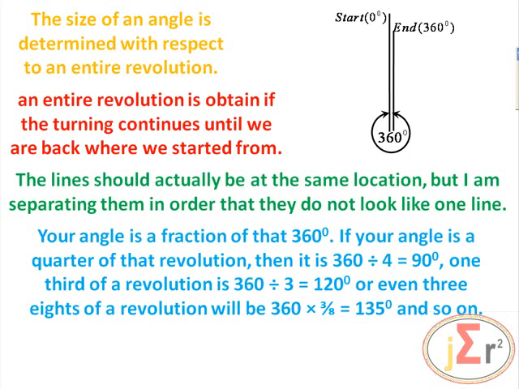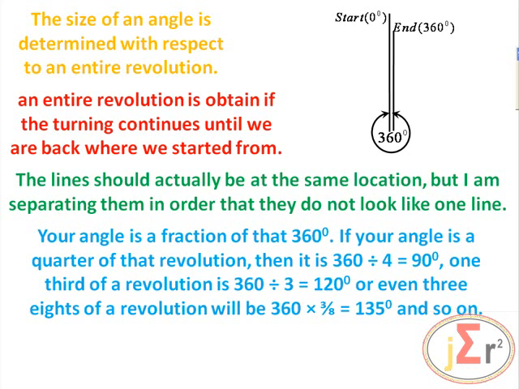1/3 of a revolution is 360 divided by 3, which is equal to 120 degrees. Or we may have even 3/8 of a revolution, which will be 360 multiplied by 3/8, which will give 135 degrees.